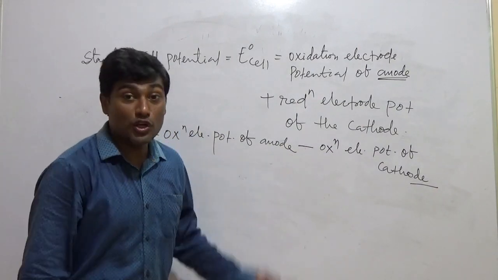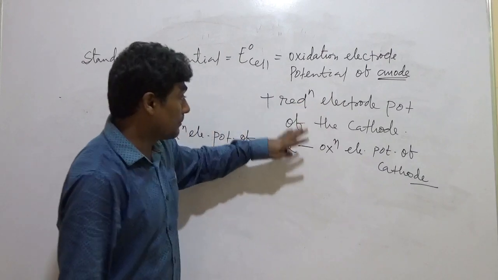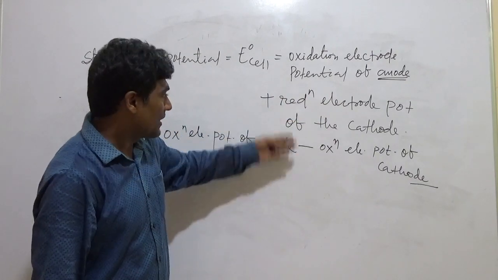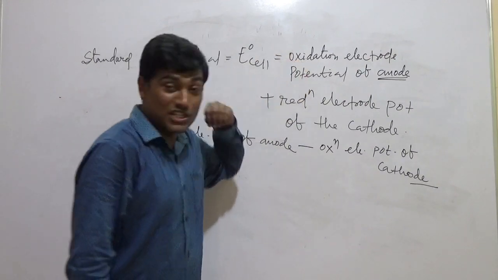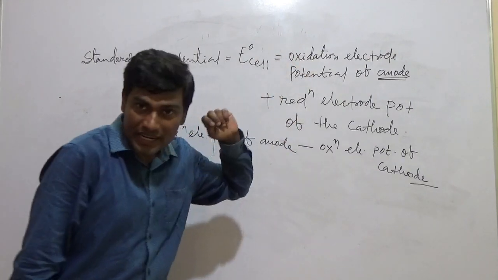Similarly, if you want to change this oxidation into reduction, that should get a negative sign.